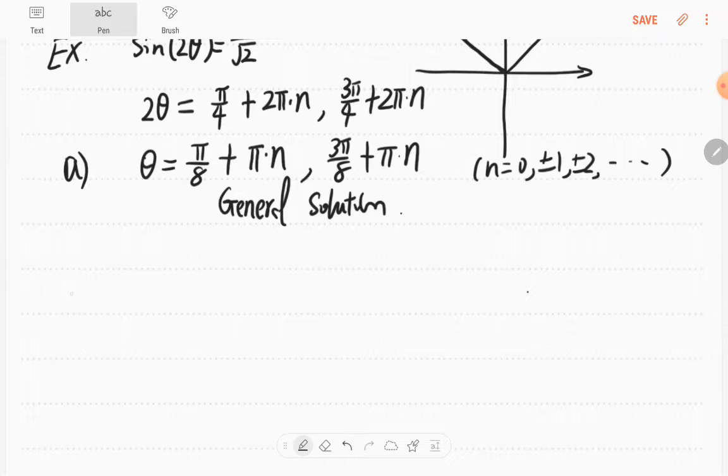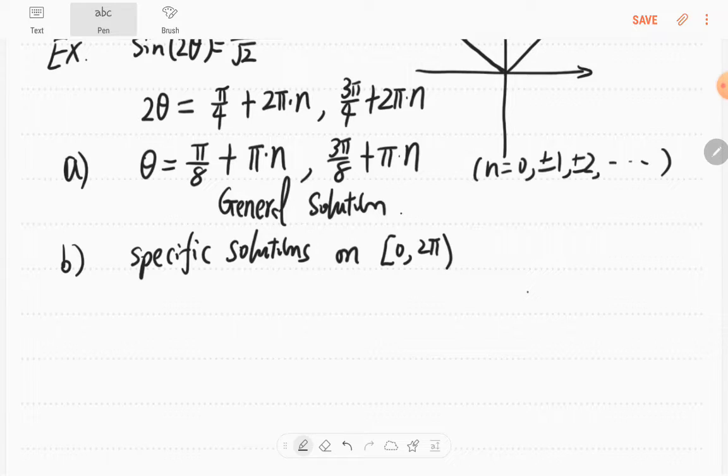So another one is B, which is the specific solution on 0 to 2 pi. Okay, so we just try the different values, right?